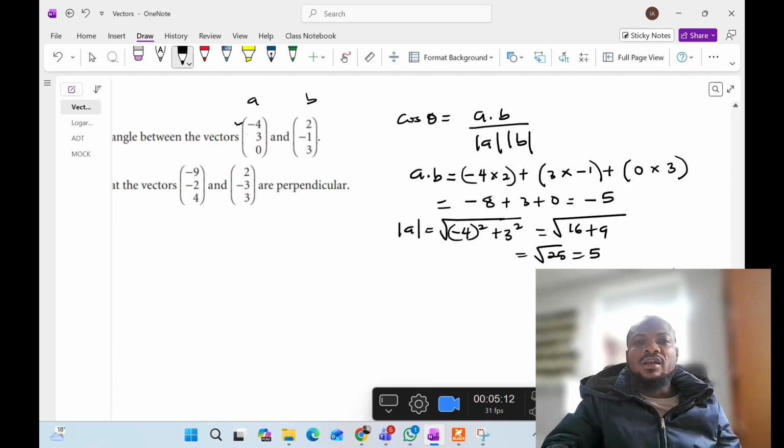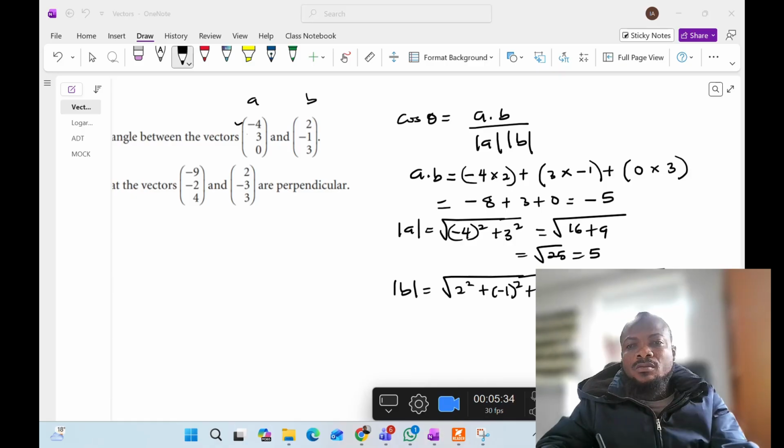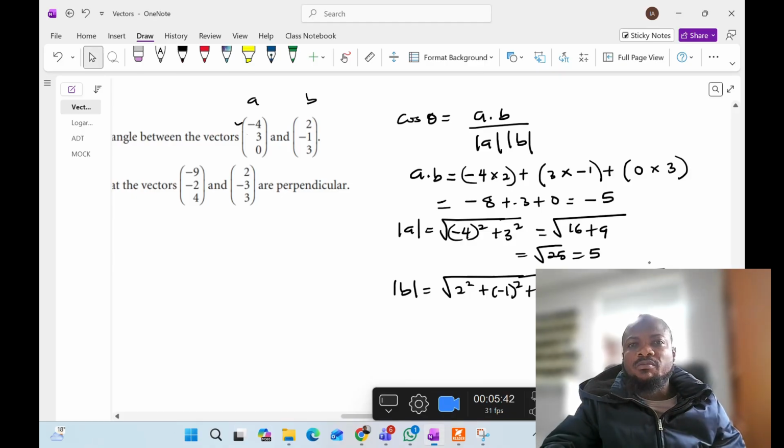Then the absolute value of B is equal to the square root of 2 squared plus (-1) squared plus 3 squared, which is 4 plus 1 plus 9, equal to 14. Oh, I made a mistake earlier. 3 times minus 1 is minus 3, okay? Minus 8 minus 3 should be minus 11, not minus 5.